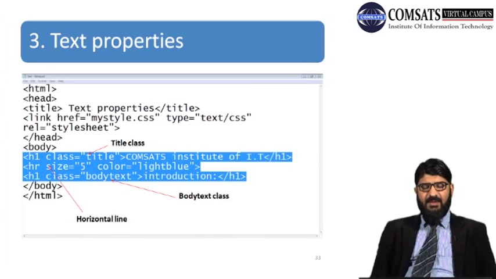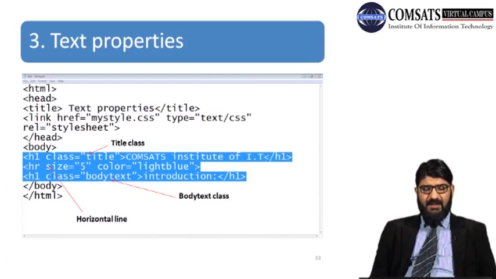So type equals text/css, and the relationship type is stylesheet. So the head tag is ended, the body tag is started. So h1 with class title, this is the title class, and the heading will appear as ComSets Institute of Information Technology.